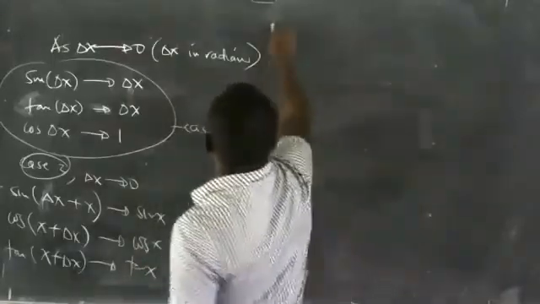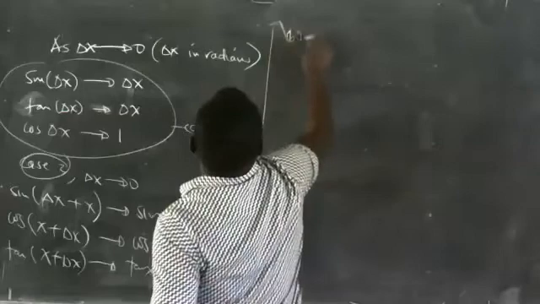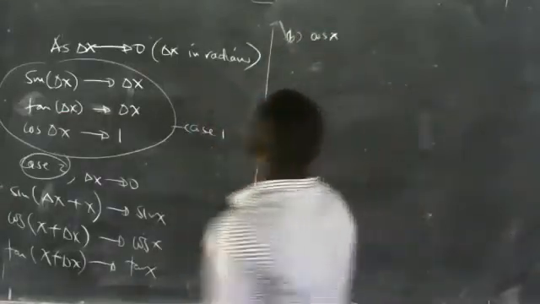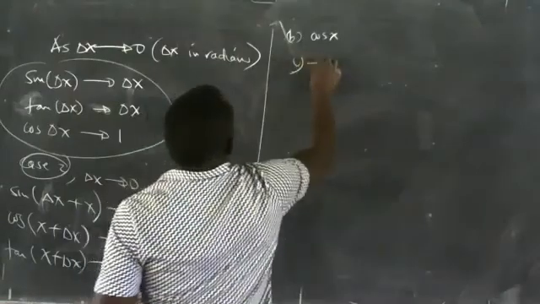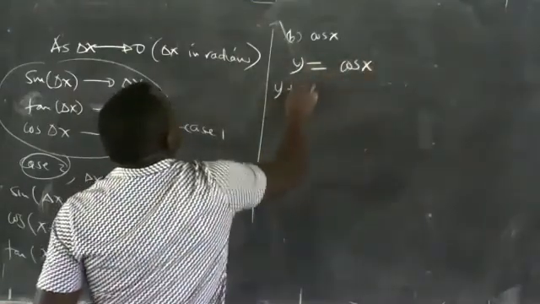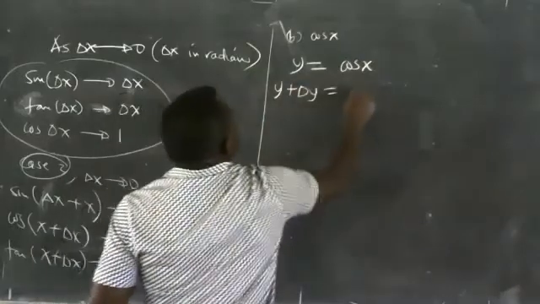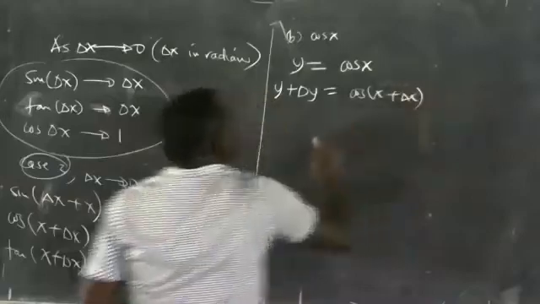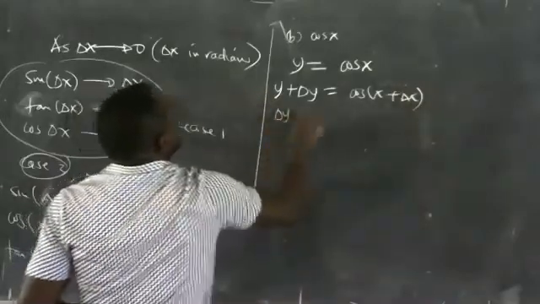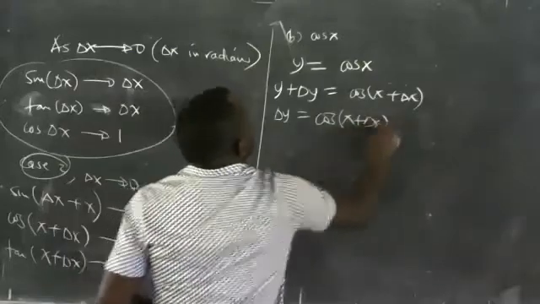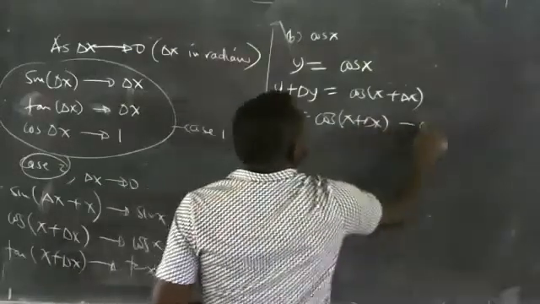What was part B? Differentiate cos of x, right? Let your y again be the function. You get y plus change in y, adding the increment because of the change in x. Now make change in y the subject: cos of (x plus change in x) minus your y, which is cos of x.